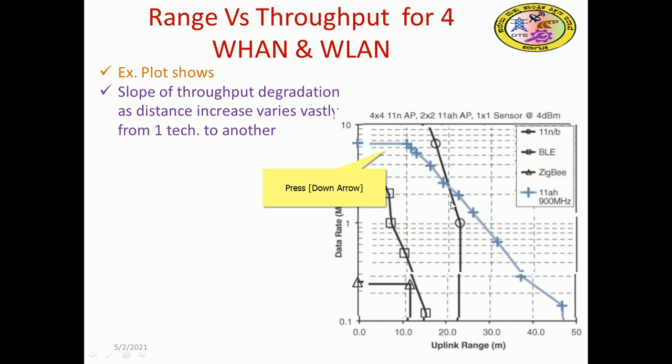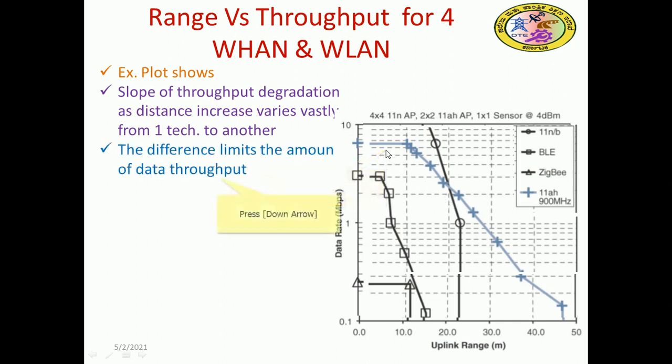This is Zigbee, and the other one is BLE, right? So not only 802.11ah. So we observe the difference in limits on the data throughput.